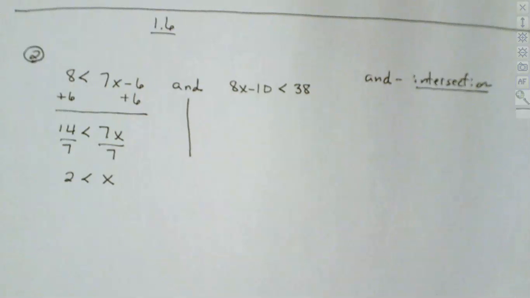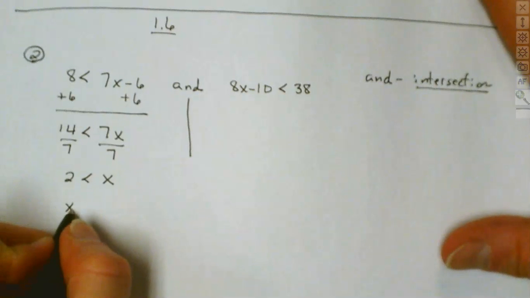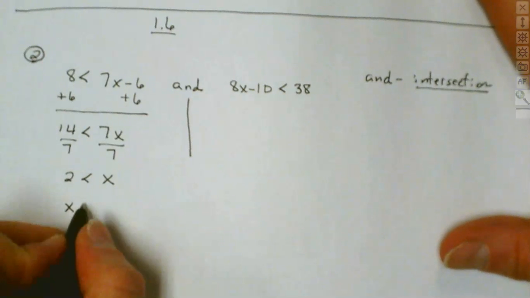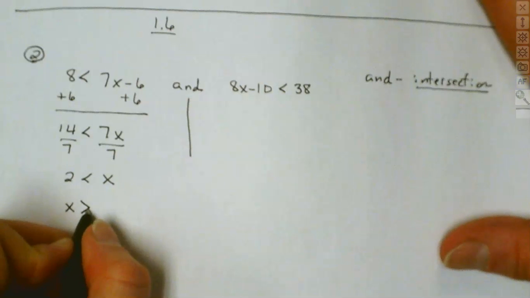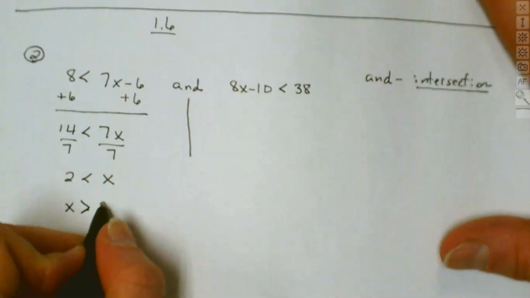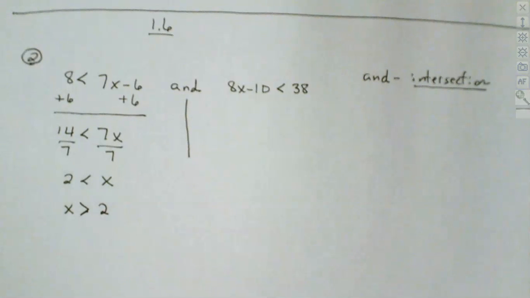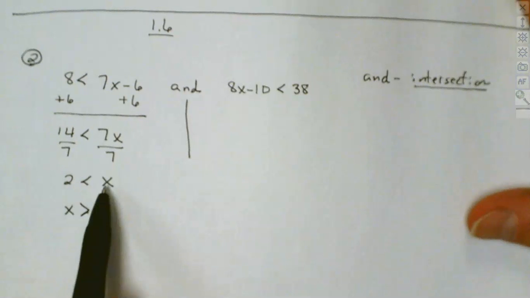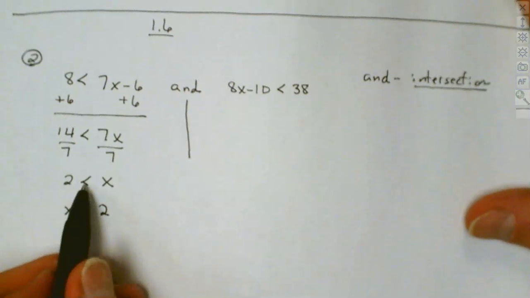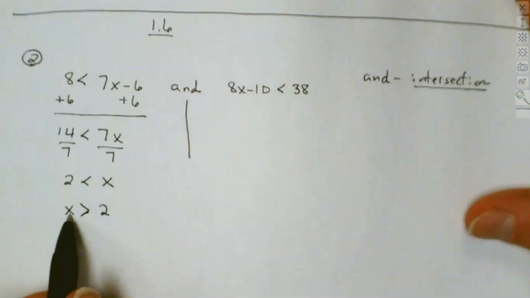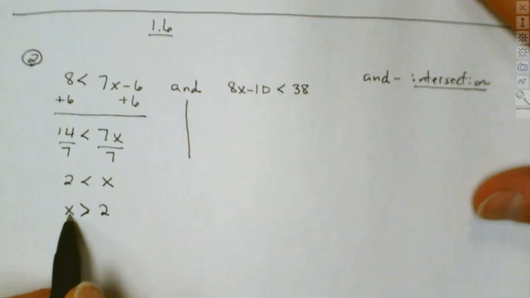Notice which way it's opening. It's opening to the x, so when you switch it around, you have to make sure it stays opening toward the x. And then that 2 is on the right. It just makes it easier if your x is always on the left. That way it's easier to graph them correctly.